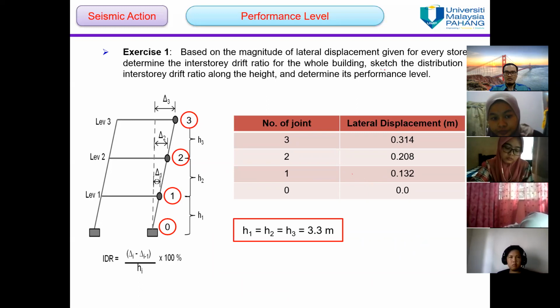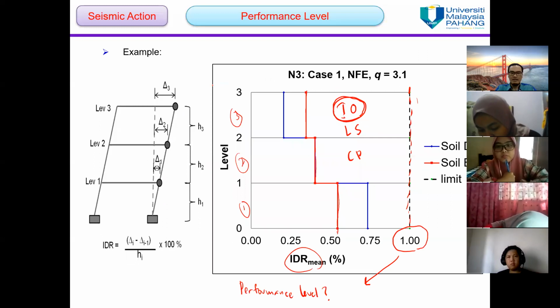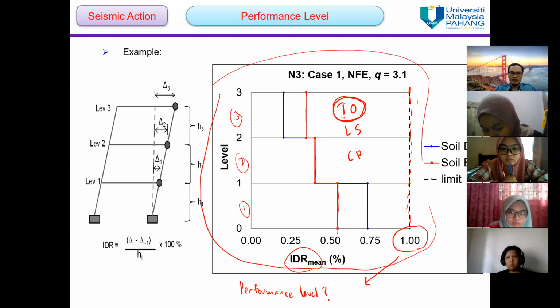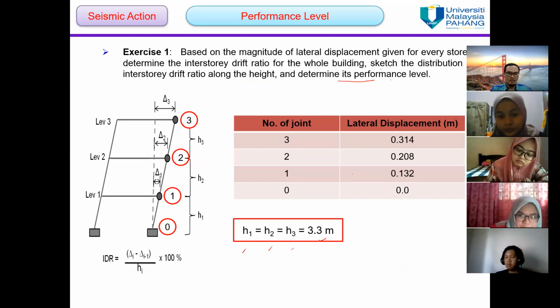Sketch the distribution of interstory drift ratio along the height and determine its performance level. The total height is H1, H2, H3 equal, which is 3.3 meters.